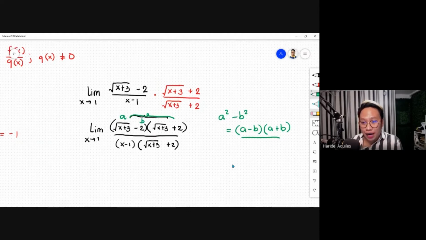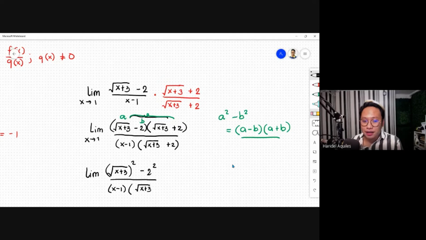So we can rewrite the numerator in this form: limit of the square root of x plus 3 squared minus 2 squared over the quantity x minus 1 times the quantity square root of x plus 3 plus 2, as x approaches 1.